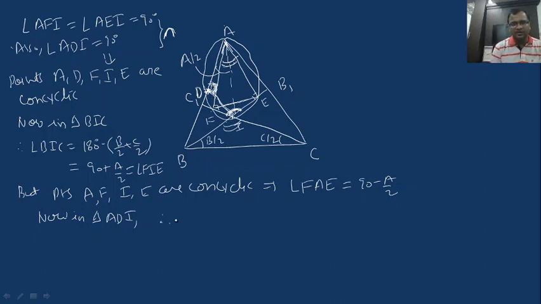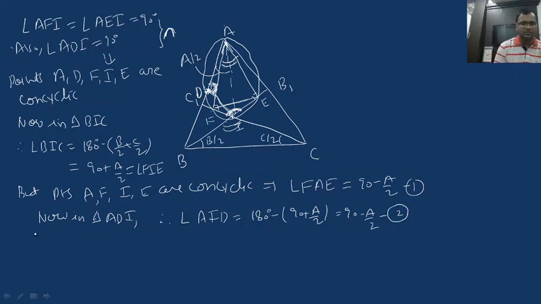Therefore we can say that angle AID is 180 minus (90 plus A by 2), and that angle is clearly 90 minus A by 2. Suppose this is the relation 1 and this is the relation 2.